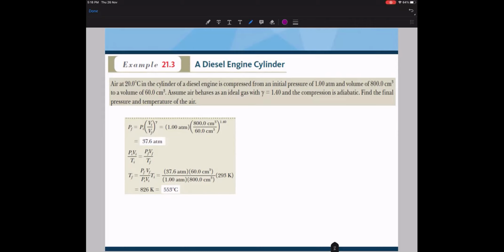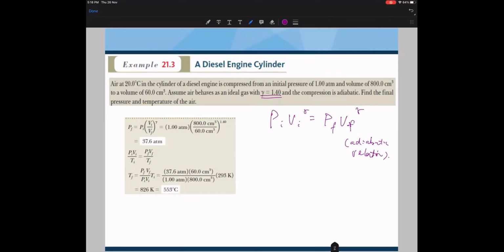We could make use of the adiabatic relation, Pi Vi to the power gamma equals Pf Vf to the power gamma. It is given that gamma is equal to 1.4 for the gas.